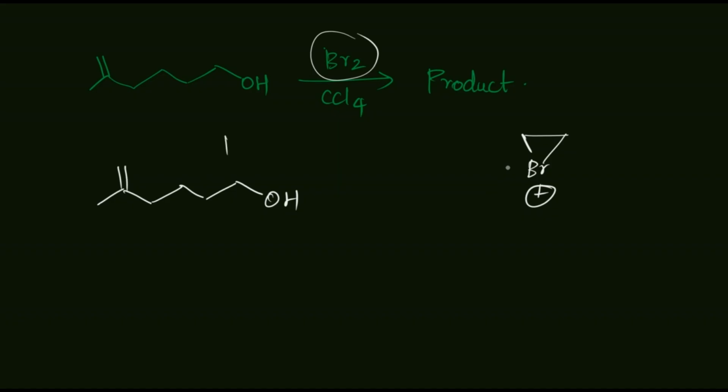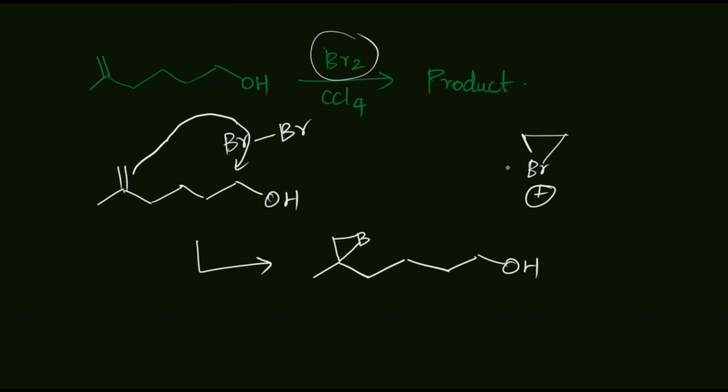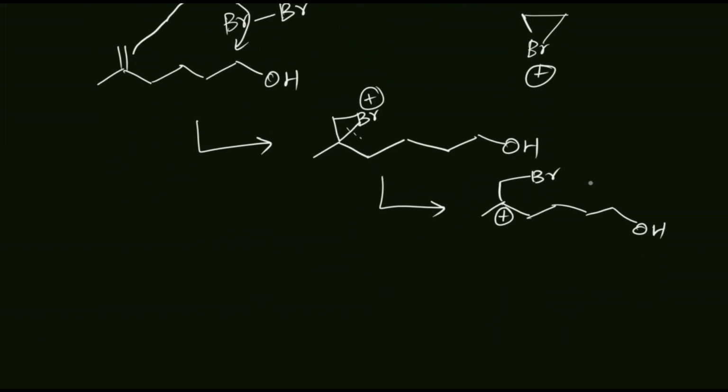Upon Br2 attacking, it takes up one of those Br. It will form the bromonium ion intermediate. It is not stable, of course, so it will break up and form a carbocation over here, which will lead to ring formation. How? This OH, this oxygen will come and attack to form a ring.